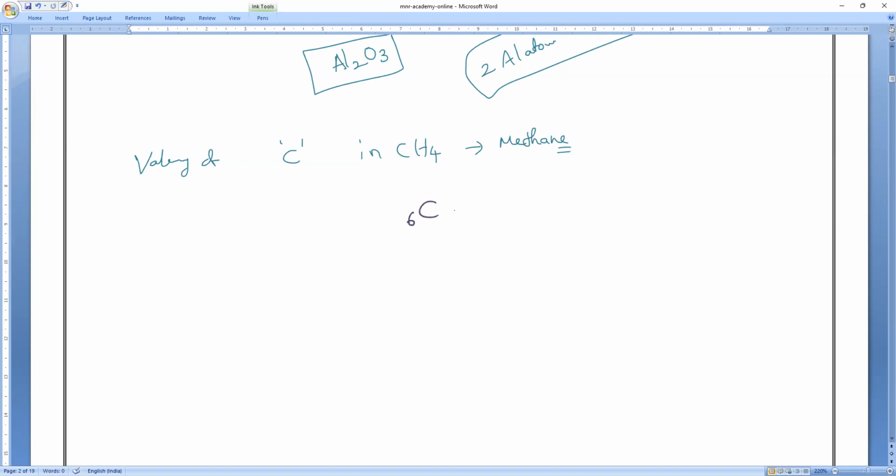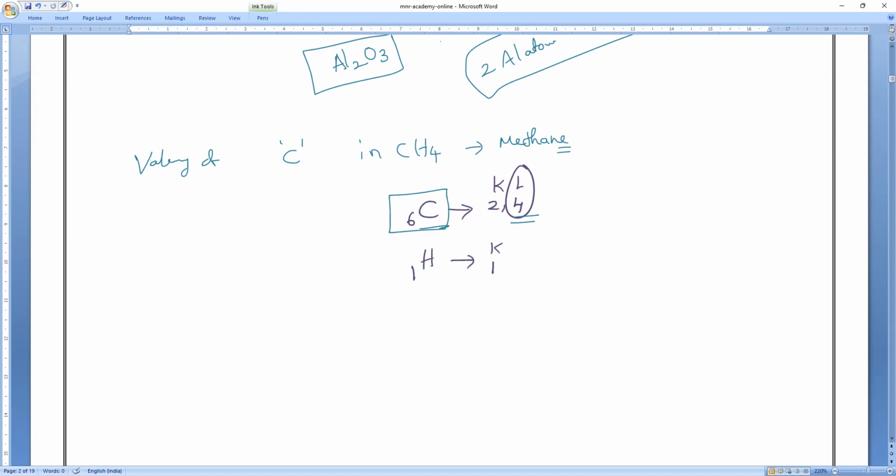Carbon atomic number is 6, hydrogen atomic number is 1. So the electronic configuration here is 2, 4. So what is the valency of carbon? Speaking correctly, it will be 4.